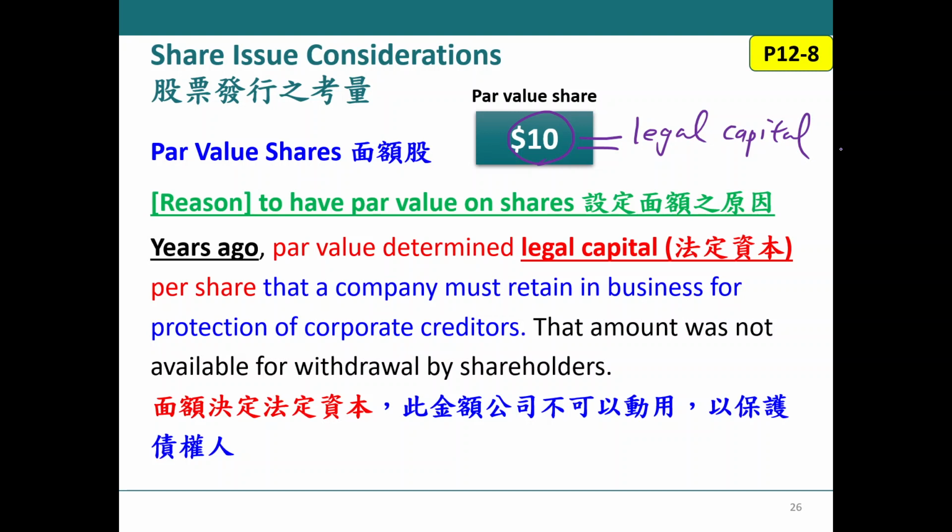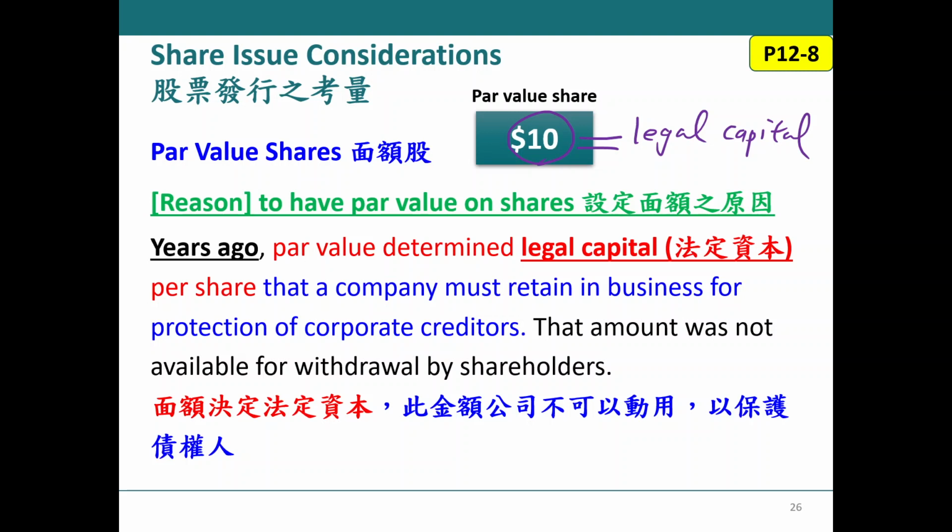Why do we use the $10 to determine legal capital? Legal capital means the money the company cannot use no matter what.